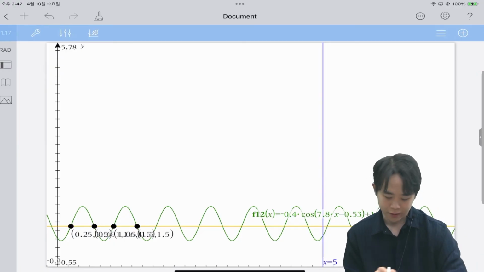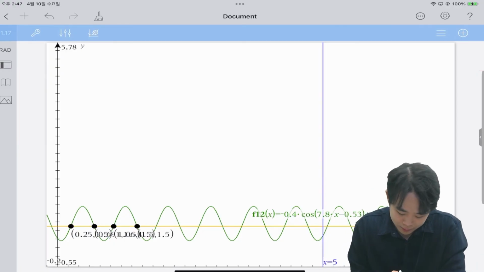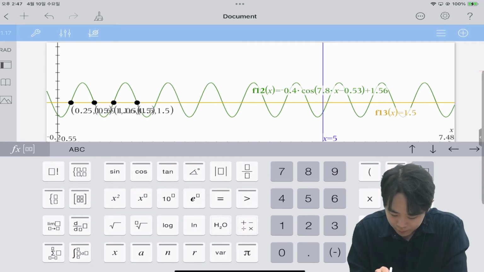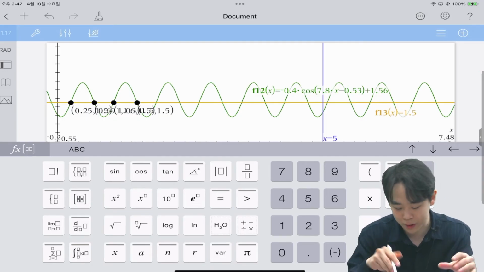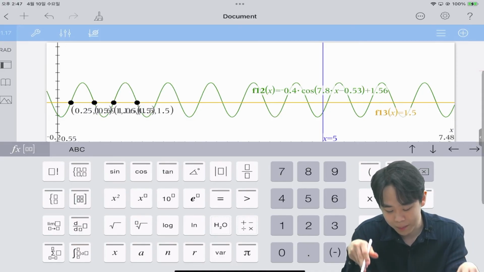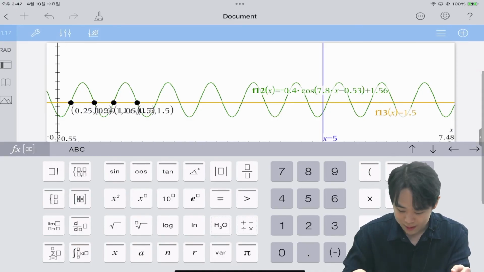If you see the cutoff point, we know that there's 1, 2, 3, 4, 5, 6. There's exactly 6 periods during which the height is above the 1.5 meter mark.